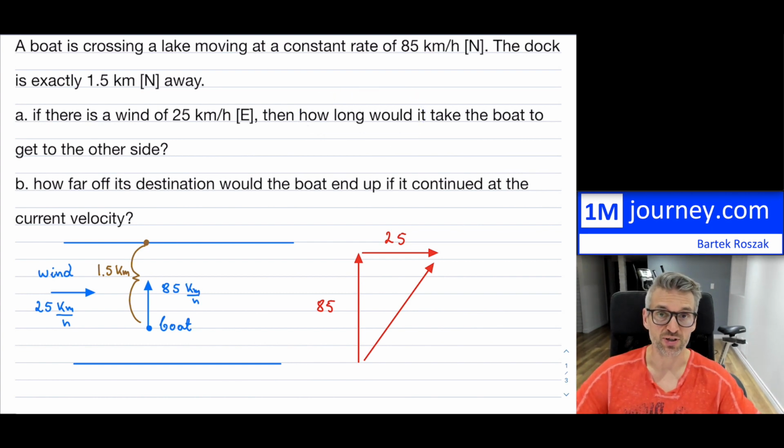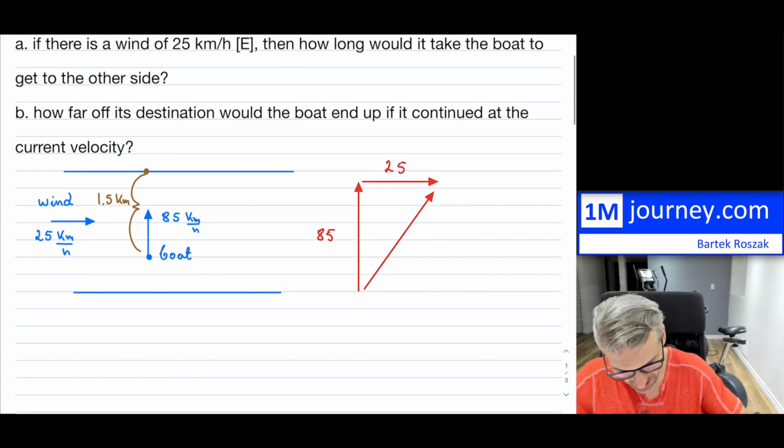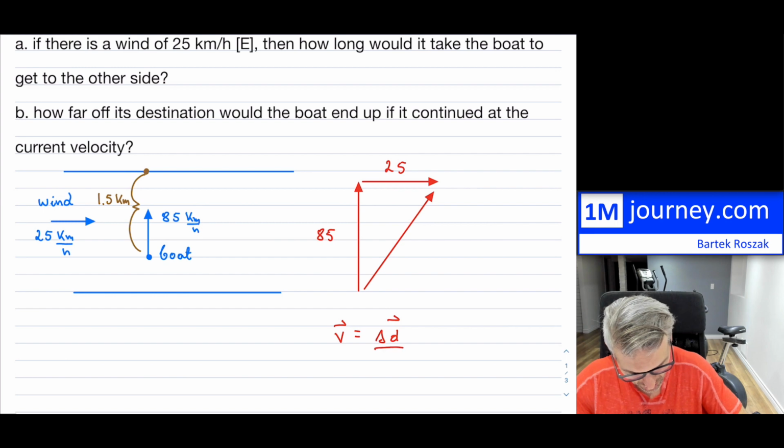Here's the interesting thing. If there was no wind and you're just moving at a constant rate, your velocity is nothing else but the displacement over the change in time.